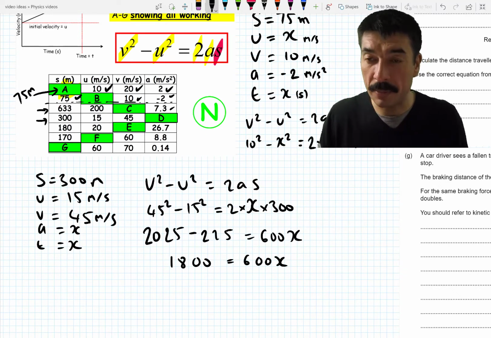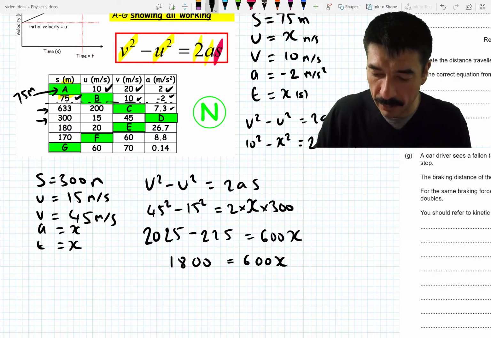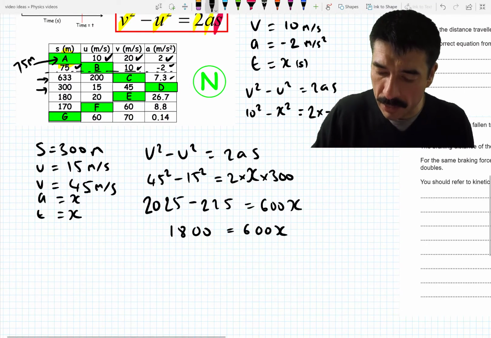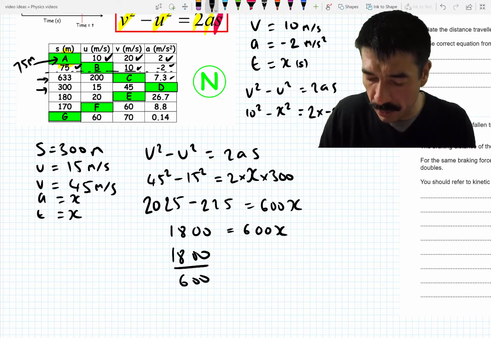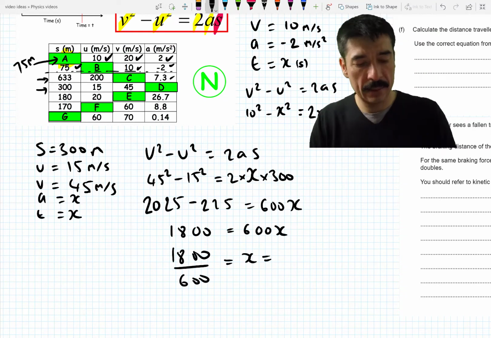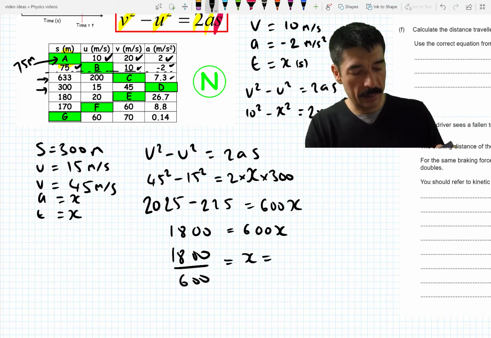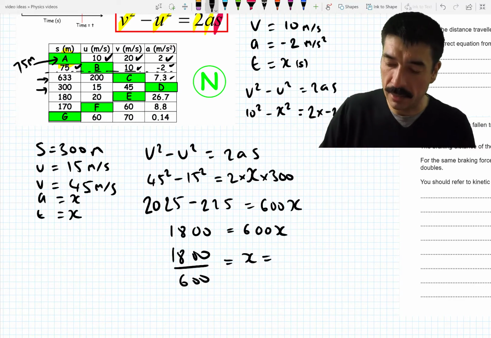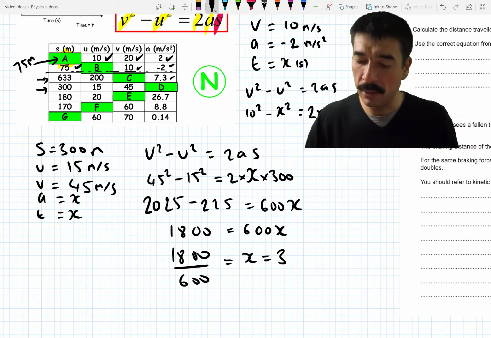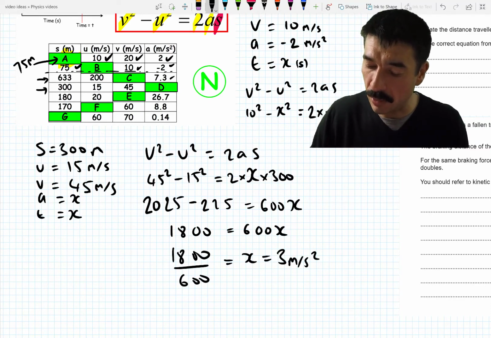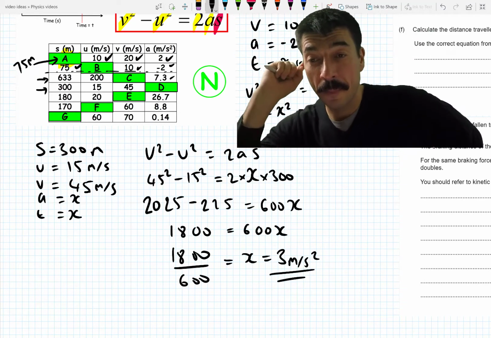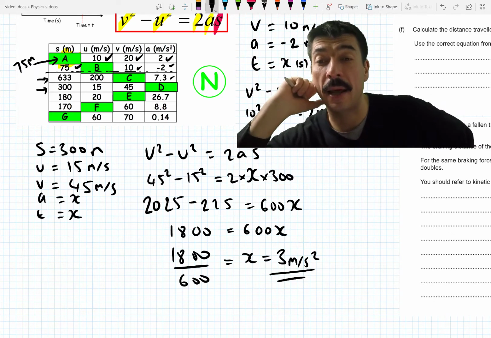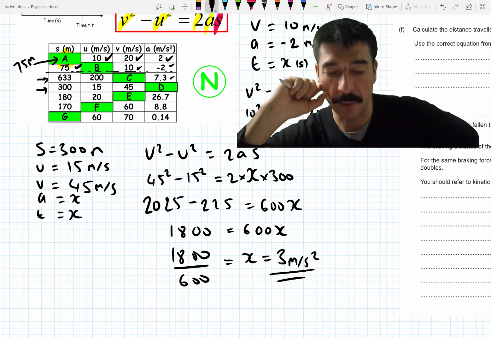So if I want to find out the price of just one, or I want to find out the value of just one, I can divide both sides by 600. 1800 divided by 600 will equal x. That will be 3. 1800 divided by 600 is equal to 3. 3 what? 3 meters per second squared, because it's acceleration we're looking for. Notice I double underline my answer on that one. It's also a good habit to allow the examiner to know what your final answer is.